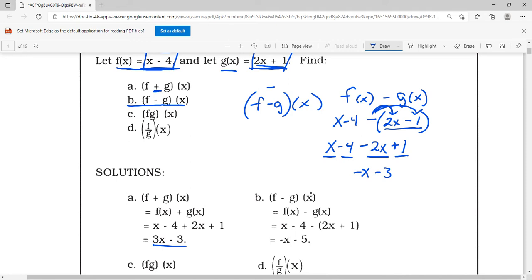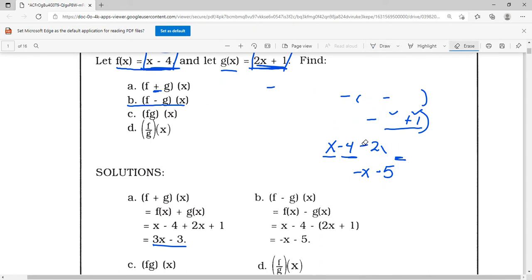Oh, that was supposed to be a plus 1 in the original function, so make sure you copy that down properly. So the answer is negative x minus 5. Alright, the next couple: one is multiplying two functions, and the other one is dividing two functions.